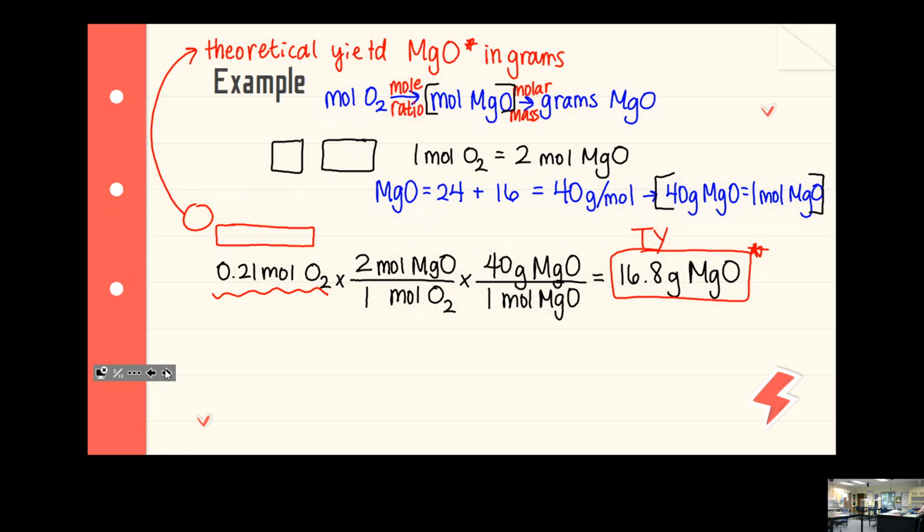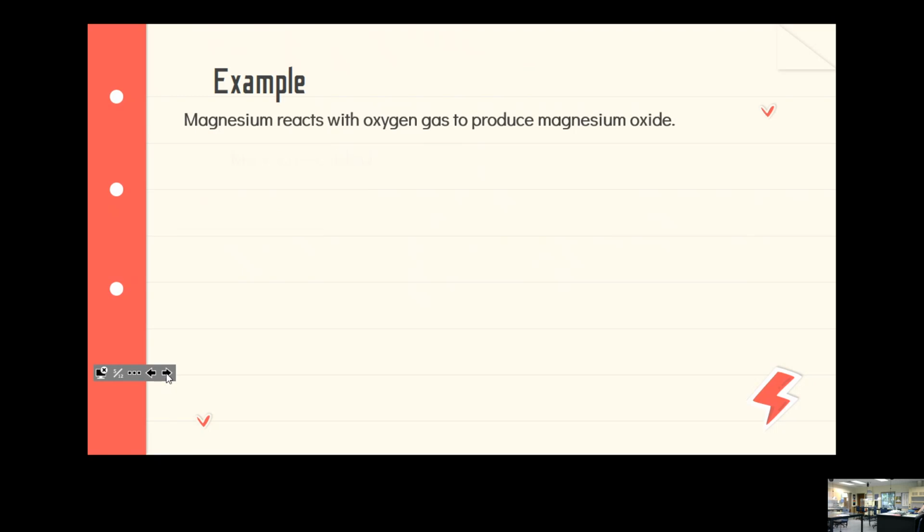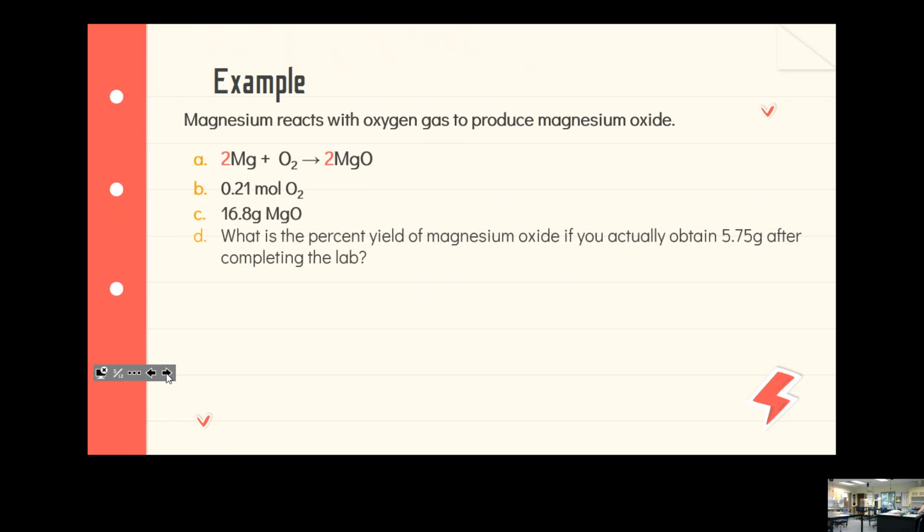The only way I'm going to know how much I actually get is by doing the chemical reaction, right? Or being told the actual yield, or looking at data to identify that for myself. The last problem is asking us to find percent yield. Remember, percent yield is your actual divided by theoretical times 100.